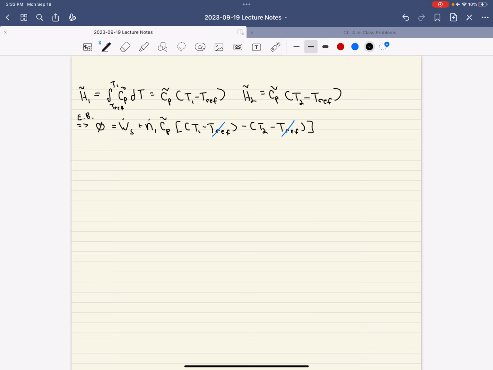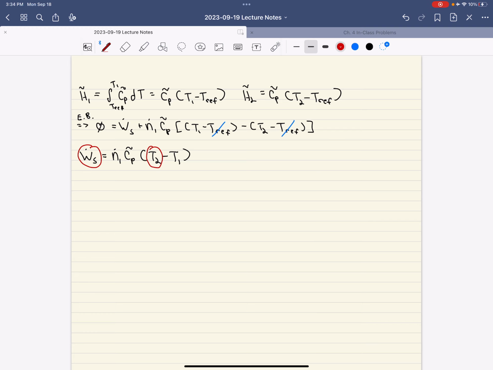If we rearrange the equation, we get that the shaft work is equal to N1 CP times T2 minus T1. In the end, we want to calculate the shaft work and the temperature of the stream coming out of the compressor.